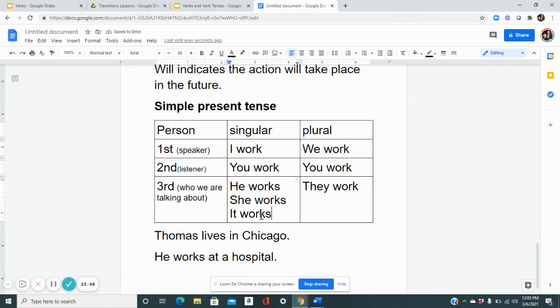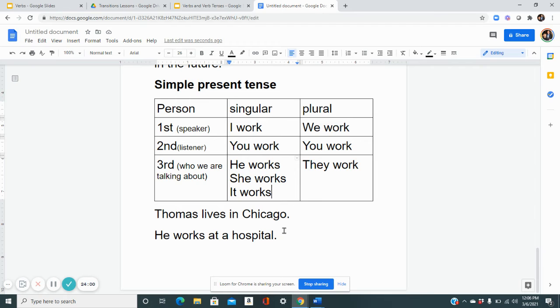Okay, so we either add an S or an ES. So this is the verb work. So if I use another verb, let's say, let's use the verb.